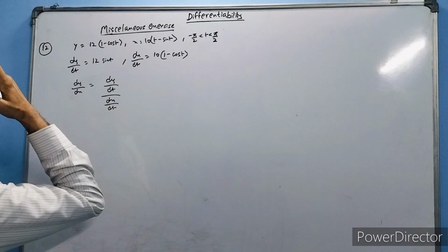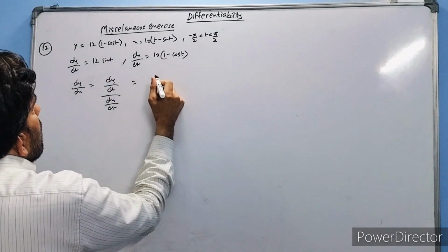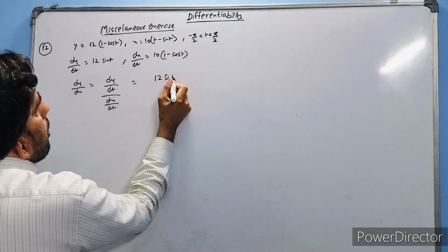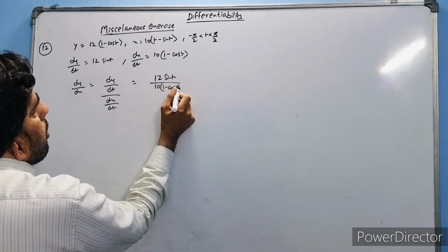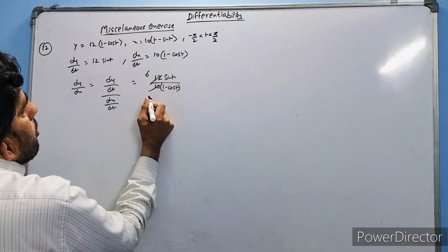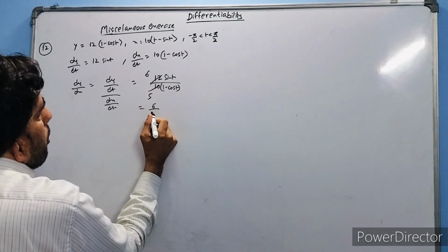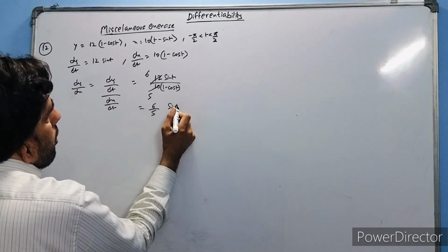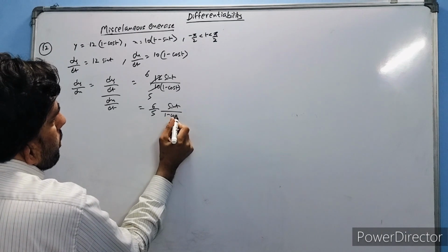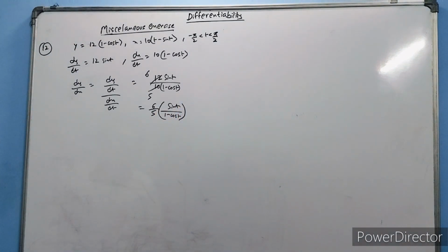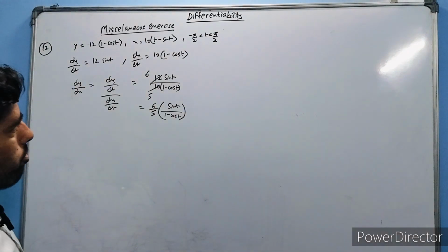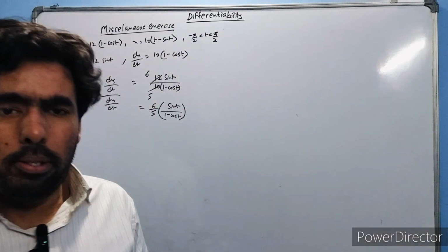So we have 12 sin t upon 10 into 1 minus cos t. 6 and 5, so we can put 6 upon 5 outside. We have sin t upon 1 minus cos t. So that is how we differentiate the function.